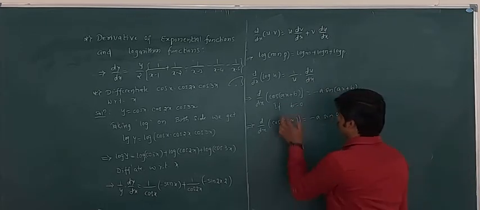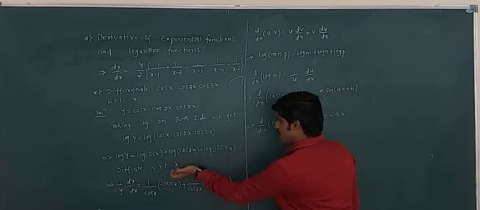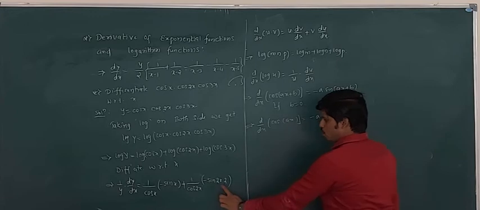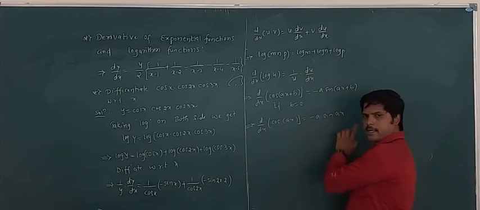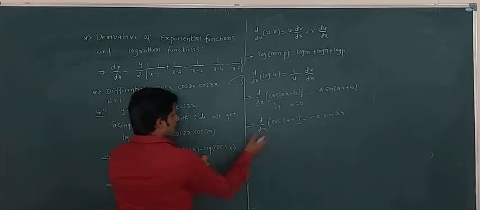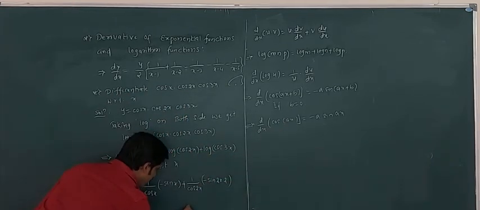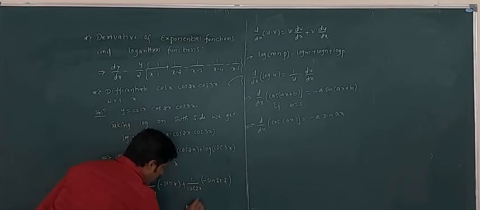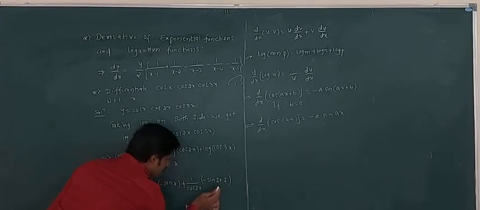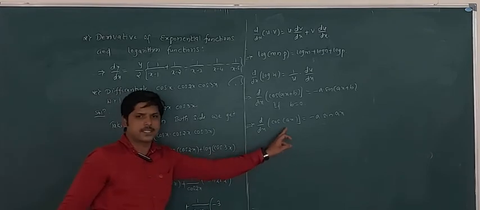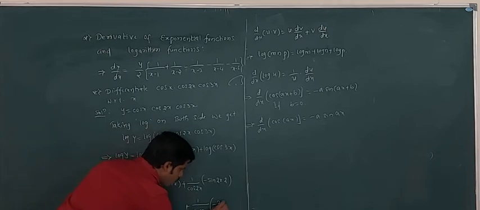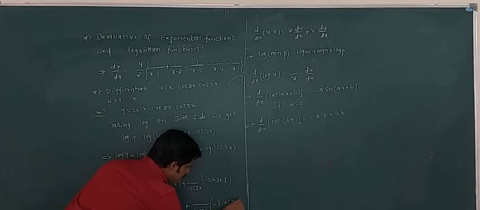Now comparing cos ax and cos 2x, in place of a we have 2, so therefore minus 2 into sin 2x. And for the last function, it is also of the form cos ax, so by differentiating we get plus 1 upon cos 3x into the differentiation of cos 3x, which is minus 3 into sin 3x.